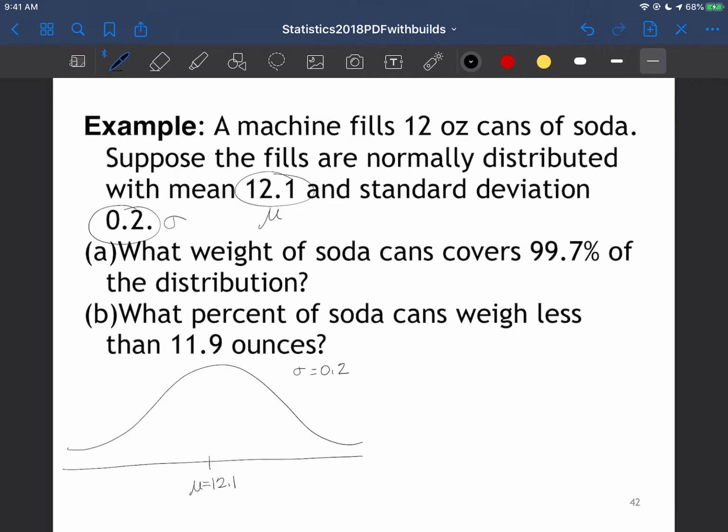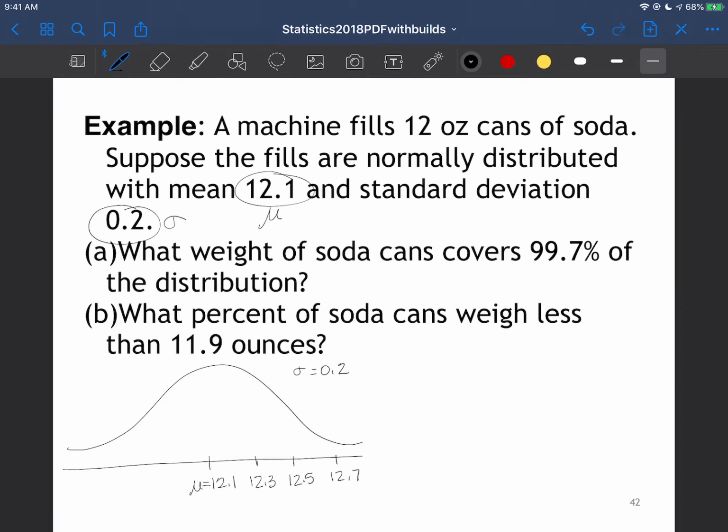Now to the right, I want to mark the points that are 1, 2, and 3 standard deviations to the right of the mean. That means I'm going to add 0.2. So I'm going to have 12.1 plus 0.2. That gives me 12.3. I'm going to add 0.2 again to get 12.5 and then 12.7.